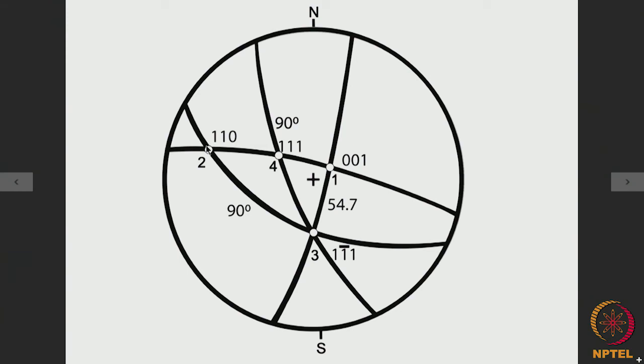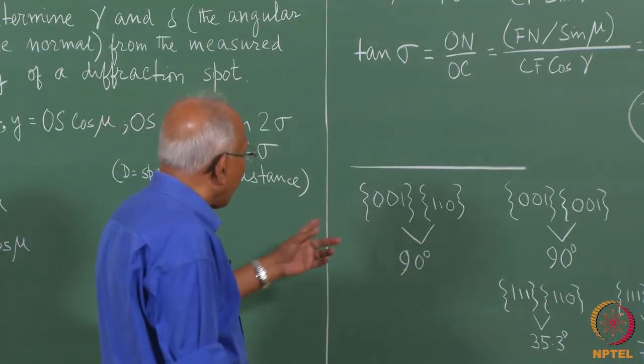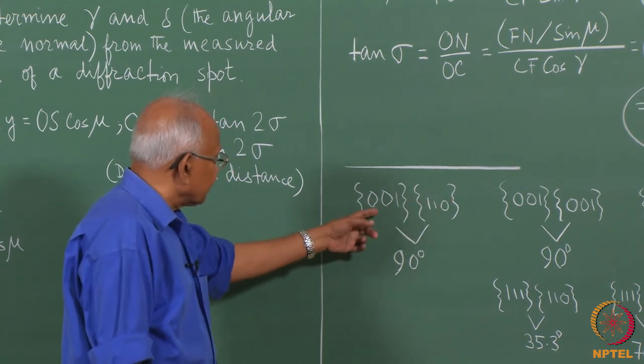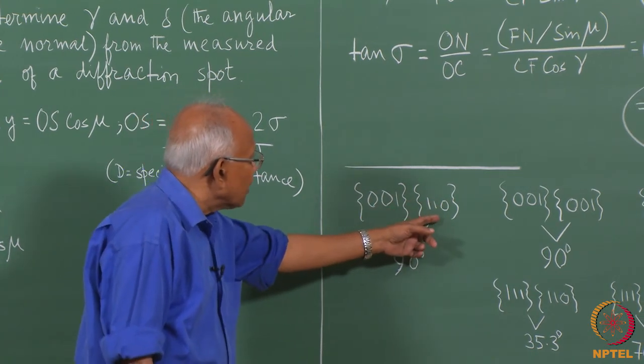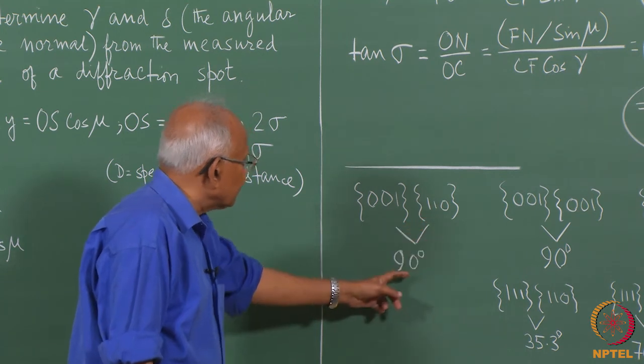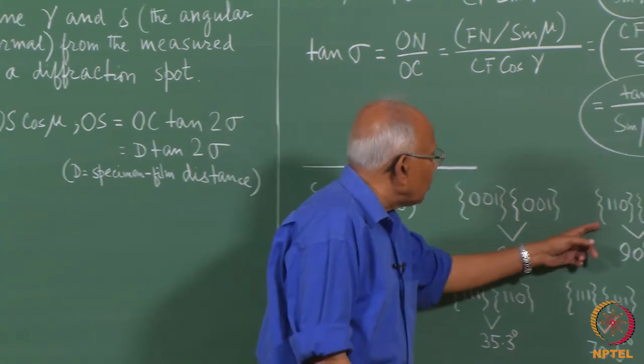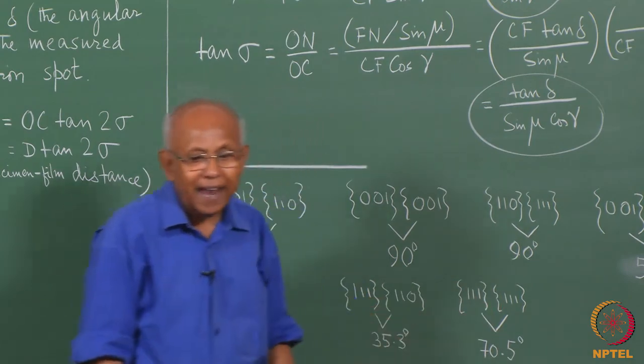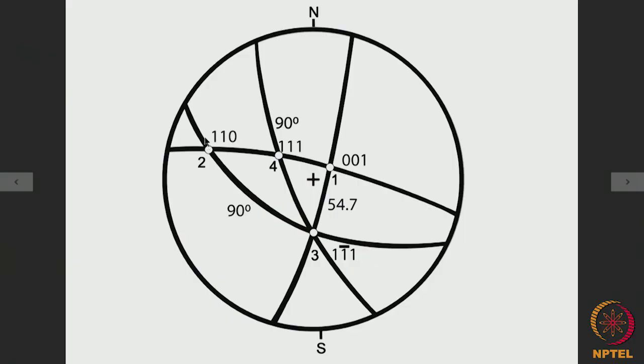So, what are the possibilities? From this you can easily see that 001 and 110 is 90, and 110 and 111 is also 90. So, if this is 001 tentatively and this is 110 tentatively, then the angle between 110 and 001, as we have seen here, is 90, and the angle between 110 and 111 is also 90 degrees.